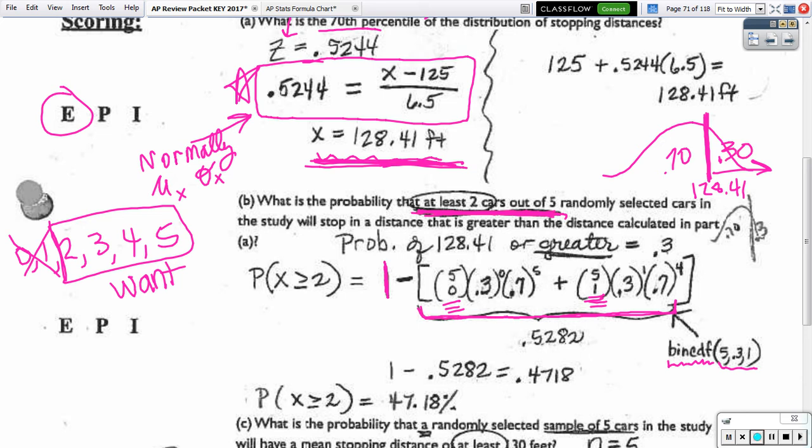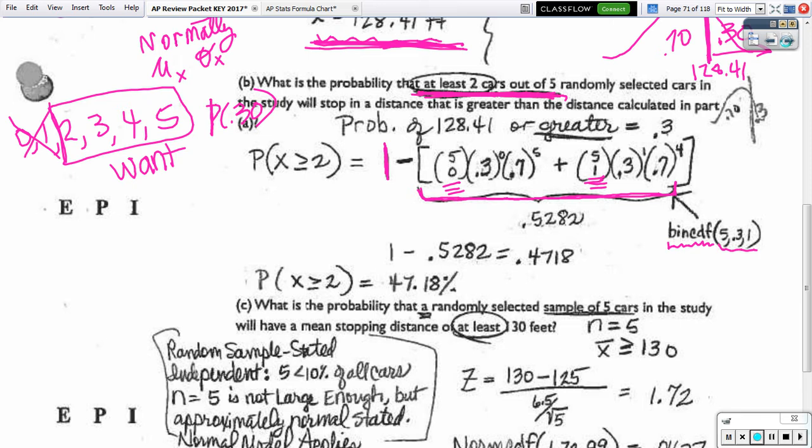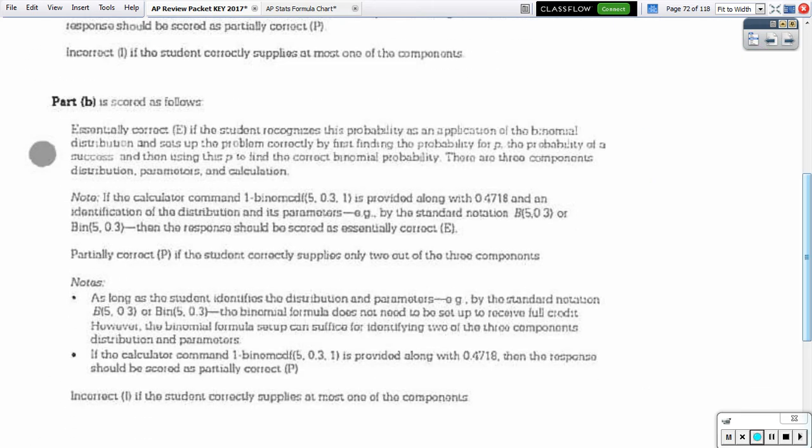So the probability of success was 0.30. That was the key that you did need to catch to be able to do this problem. Once you did that, credit on part B: it's essentially correct if you represented this as a binomial and you set up the problem correctly. So you had to give that formula.